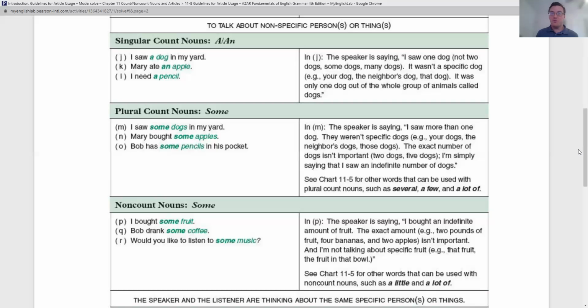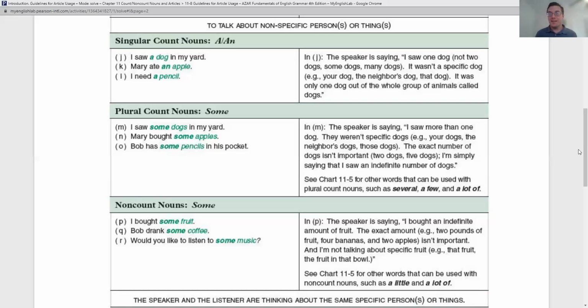Mary bought some apples. She bought a few apples. Again, I don't know the number, how many. It's not very important. I just know that it's more than one. Bob has some pencils in his pocket. Again, it doesn't matter which pencils or how many. I just need to know it's more than one.